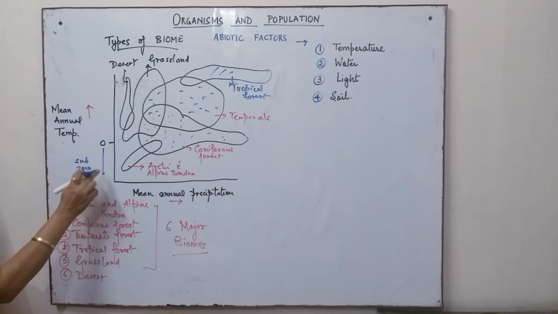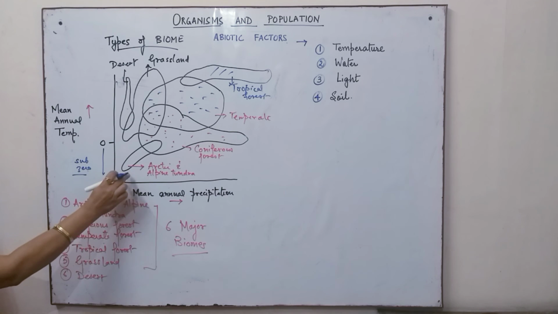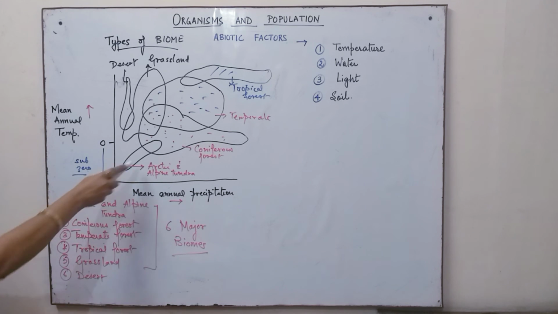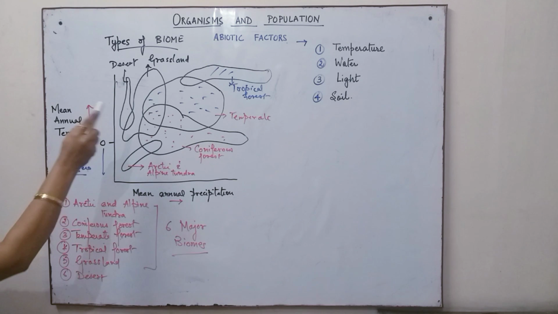Since the temperature is below sub-zero, mostly the precipitation is in the form of snow, and the temperature is very low over here. The distribution of organisms in this area will be limited because only those organisms which are well adapted can live in this particular habitat.